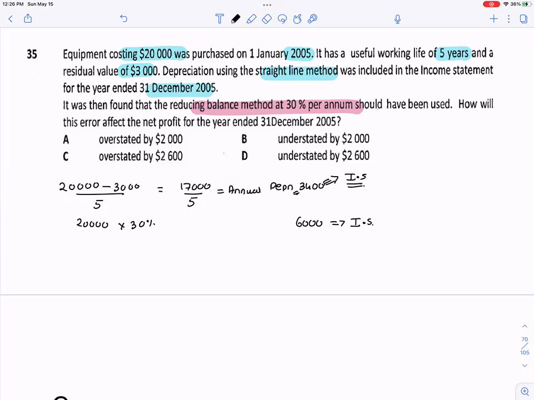He has understated the expense, so profit will be overstated. Overstated by how much? What is the difference? Profit is overstated by 2,600.